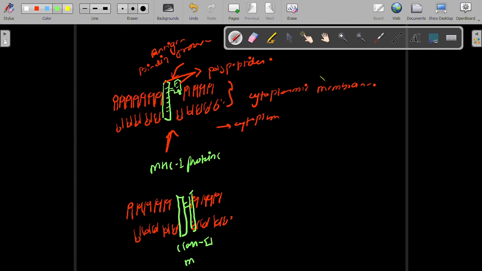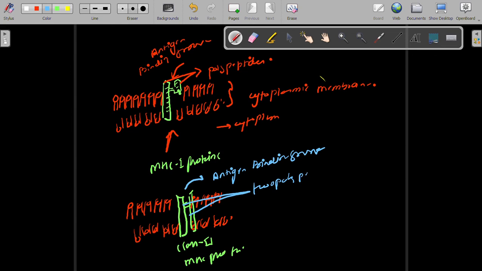This is class 2 MHC protein, and suppose this is the antigen binding groove, and these are the two polypeptides. And this is the cytoplasmic membrane of APCs, that is B cell, dendritic cell, and macrophages.